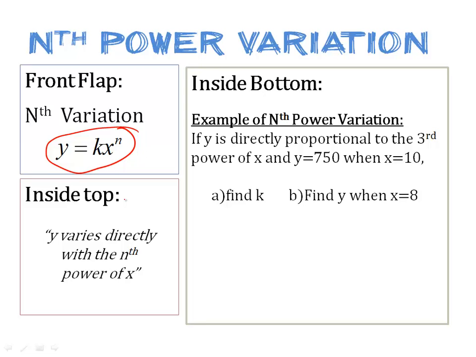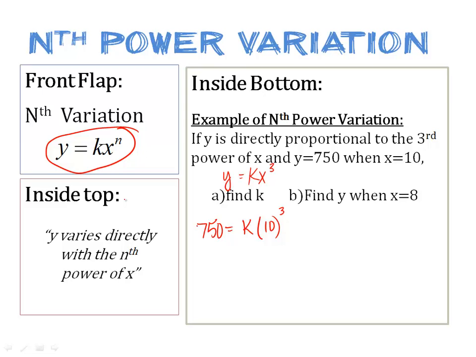So look at the problem. Again, we have to find the k first, and then we can solve for the final answer. If y is directly proportional to the third power of x, that means it's x to the third times k equals y. And y is 750, k is unknown, and x is 10, that's to the third power, the problem read that.